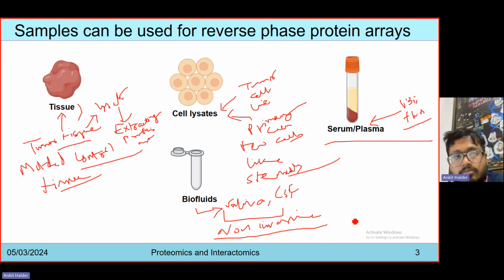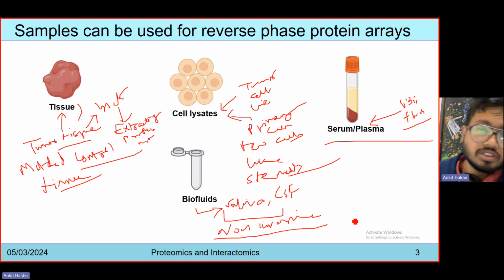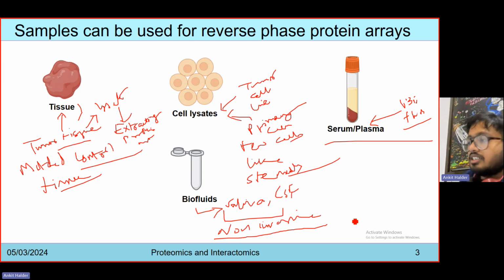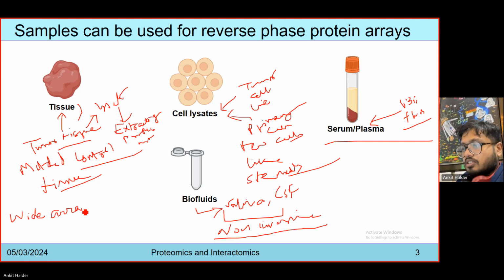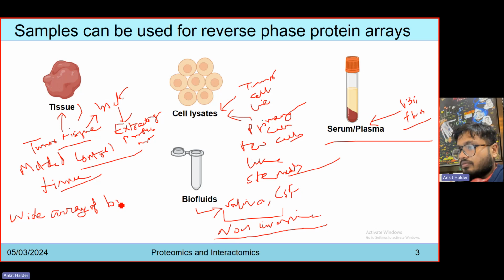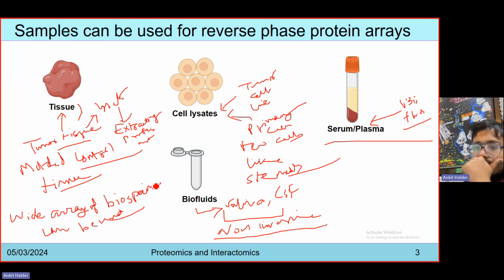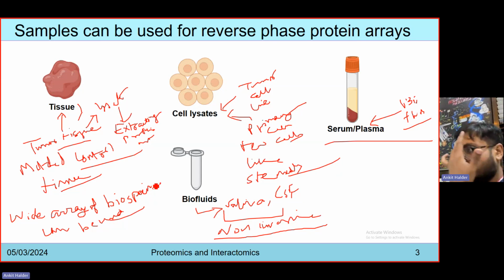reverse phase protein arrays. As I mentioned, one of the major advantages of reverse phase protein arrays is that a wide array of biospecimens or biofluids can be used for these applications.